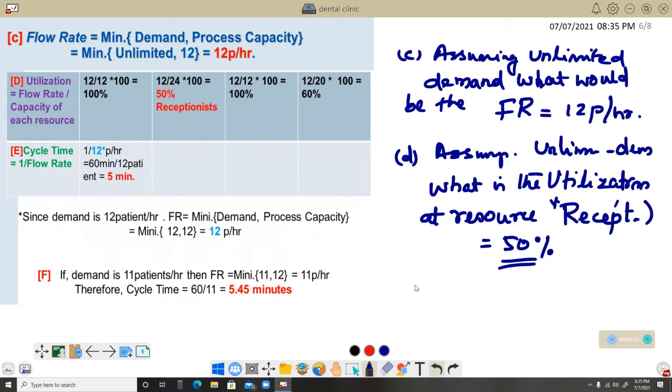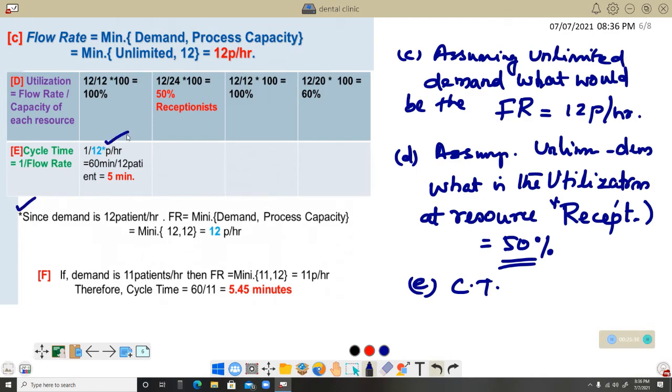Question number E goes with the calculation of cycle time. Cycle time is nothing but the reciprocal of flow rate, so 1 by flow rate. Now, before calculating the cycle time, understand that question number E asks if the demand is 12 patients per hour. Here I have put an asterisk.